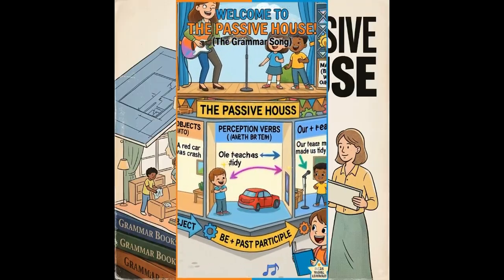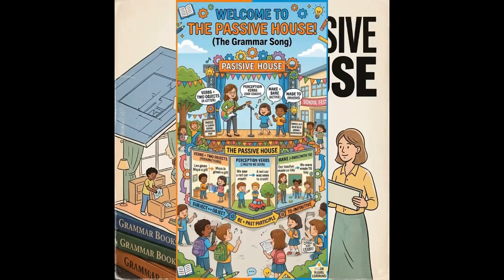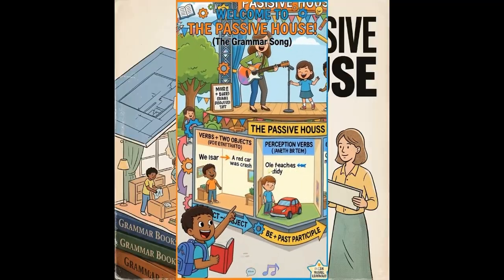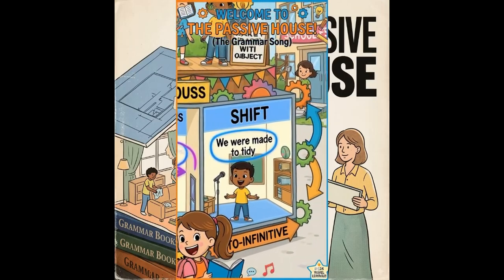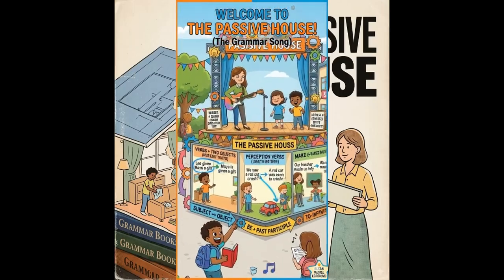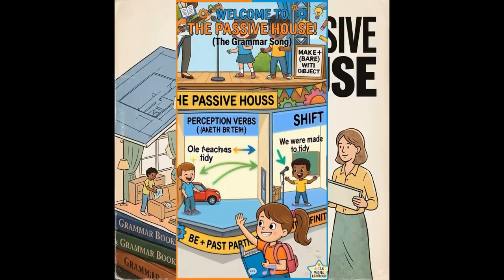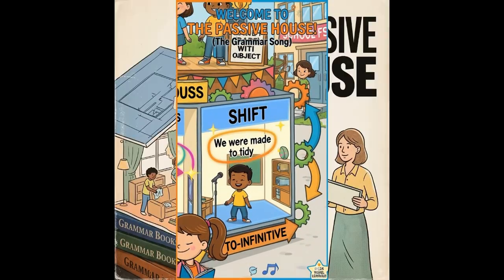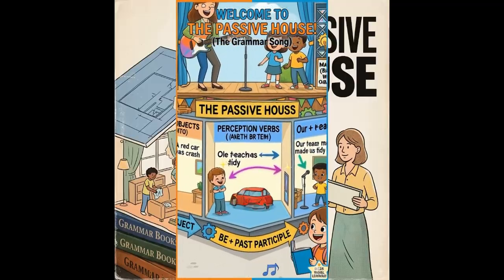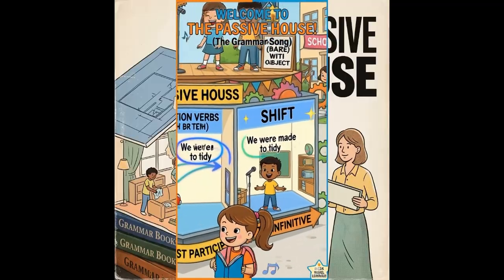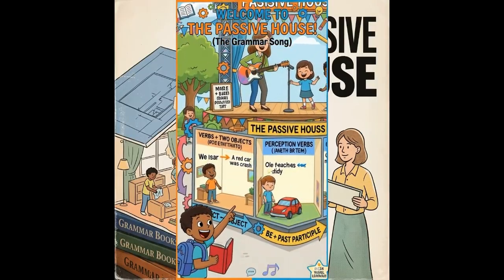The to is back home, in the passive house where the agents don't roam. Subject becomes object. The voice shifts the gear, making the lesson perfectly clear.